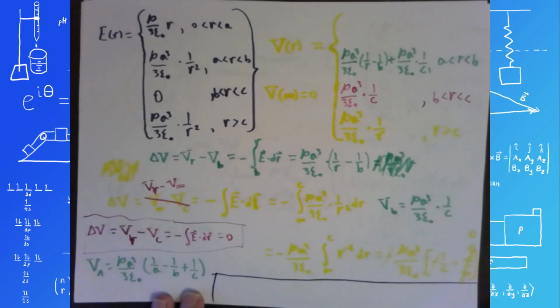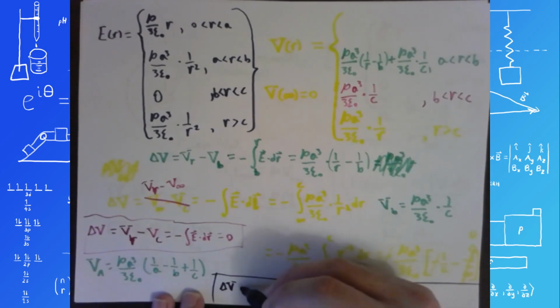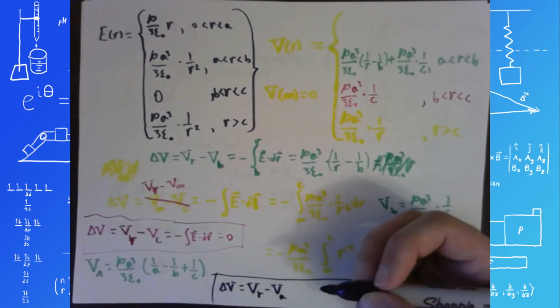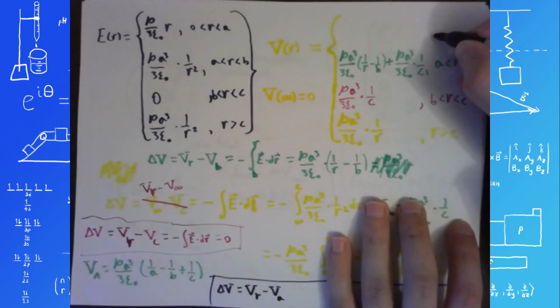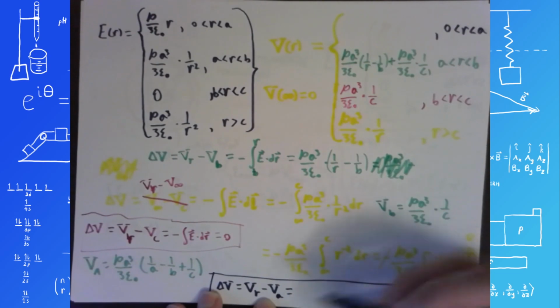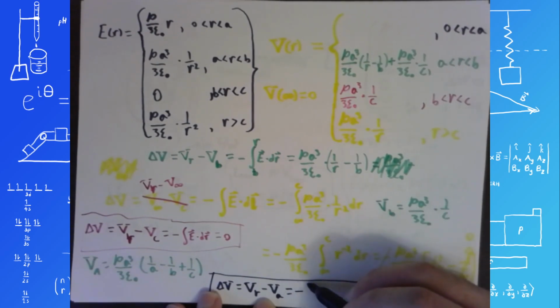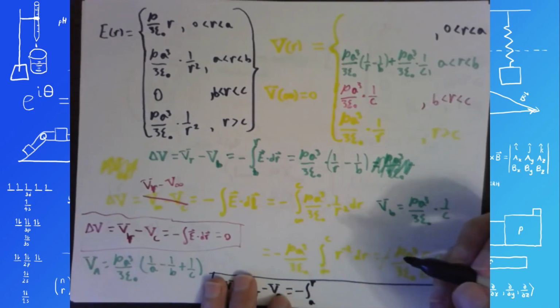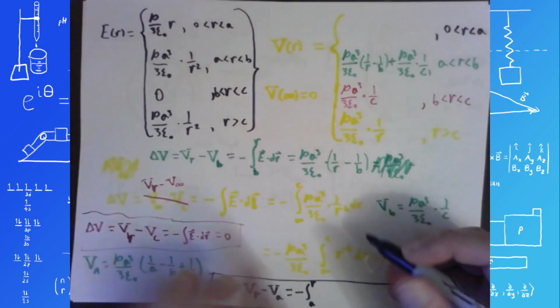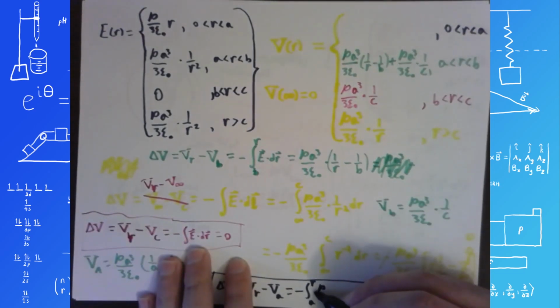So I now want to calculate a delta V equal to V of R minus V of A, where R is between 0 and A. Equals negative integral E dot dl, negative integral from A to R of E, which is rho over 3 epsilon naught times R. All those constants can be factored out.